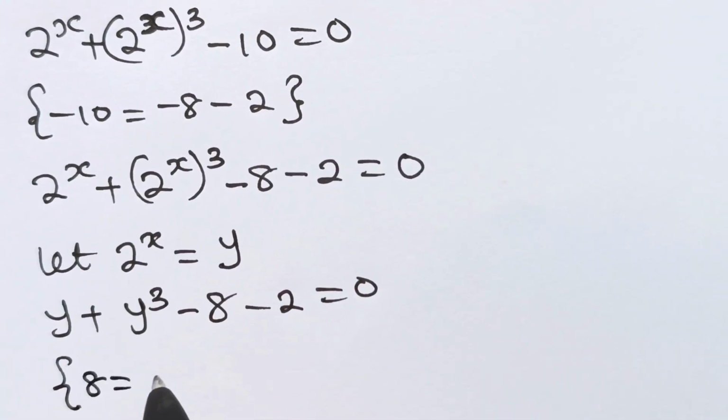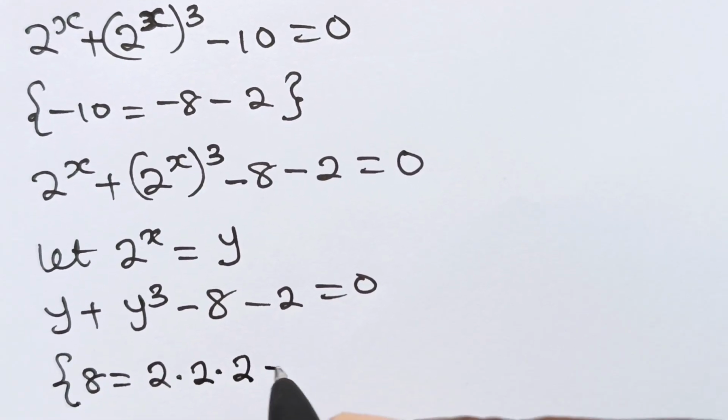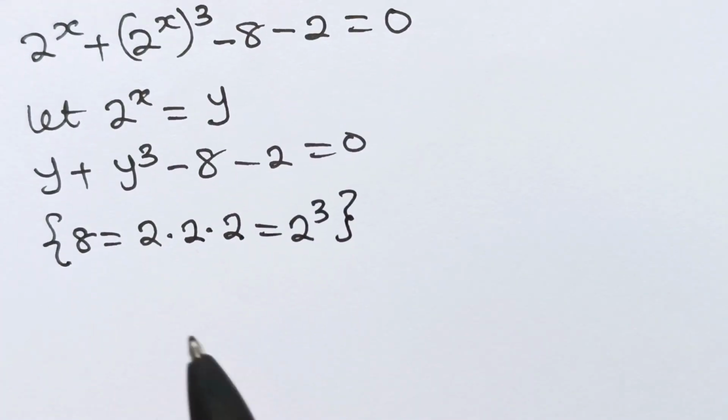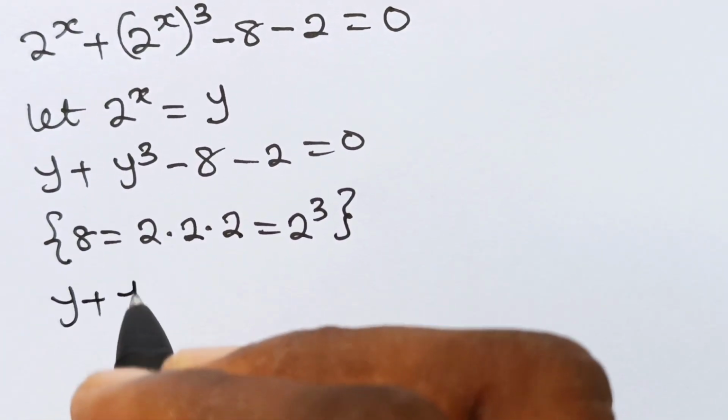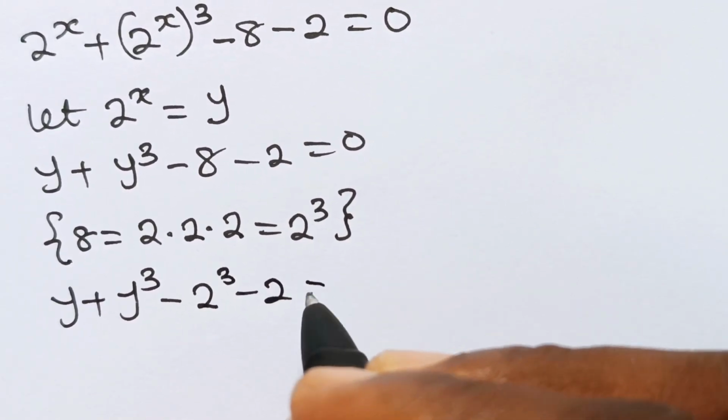Remember that 8 is 2 multiplied by 2 multiplied by 2, which is equal to 2 to the power of 3. So we'll have y plus y to the power of 3 minus 2 to the power of 3 minus 2 is equal to 0.